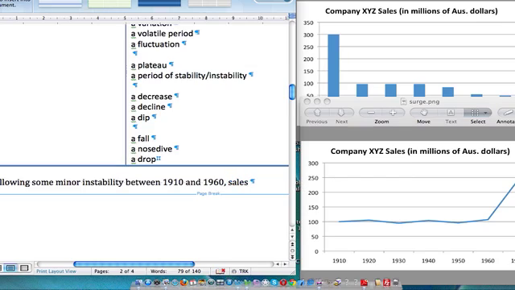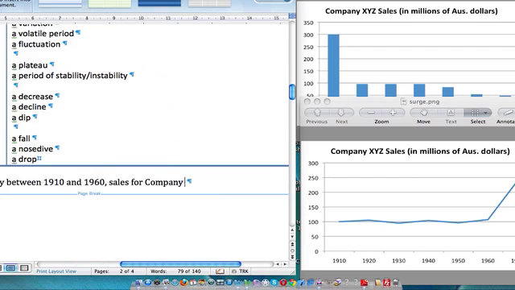sales, and we can even stick in here for company XYZ if we wanted to.